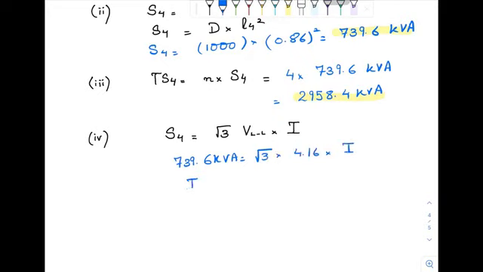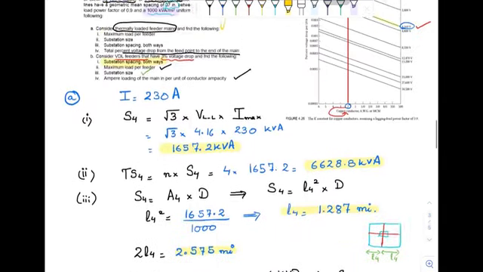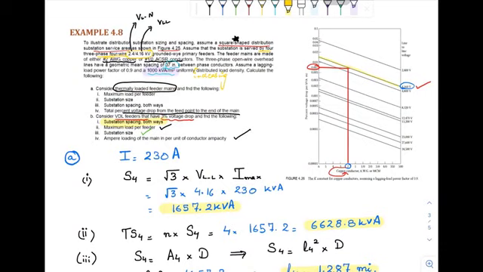So the current comes out to be 102.64 amperes. To convert this current into per unit, you can divide it by the maximum current carrying capacity of the given conductor, which is 230 amperes. So this completes example 4.8.